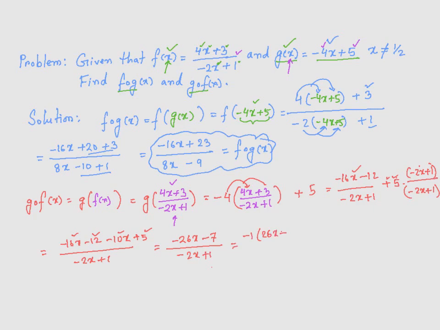Negative 1 times 26x plus 7, divided by negative 1 times 2x minus 1. The negative 1s cancel out. That's going to give me 26x plus 7 divided by 2x minus 1. And that should be your g composed with f of x.